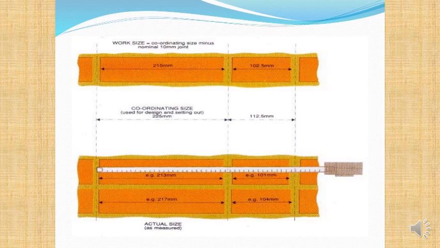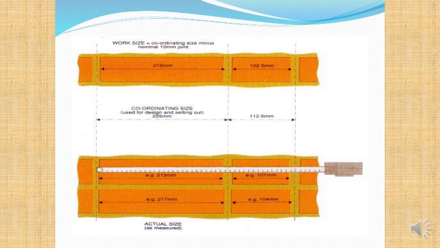What you have is actually a stretcher next to a header, which will be next to a stretcher, next to a header. Now, we'll get to that later when we get to bonds. So far you've only come across two different kinds of bonds, the stretcher bond and the header bond. But you can see what the actual sizes of the dimensions are there.